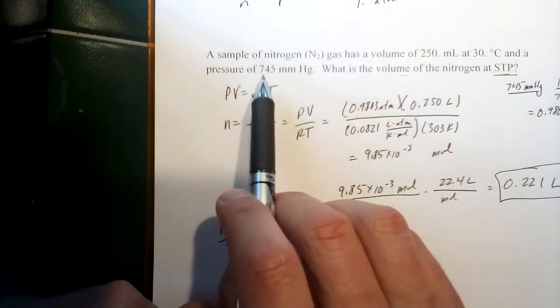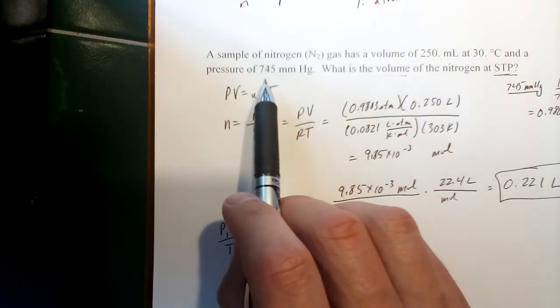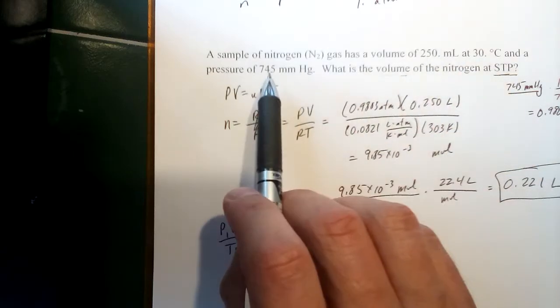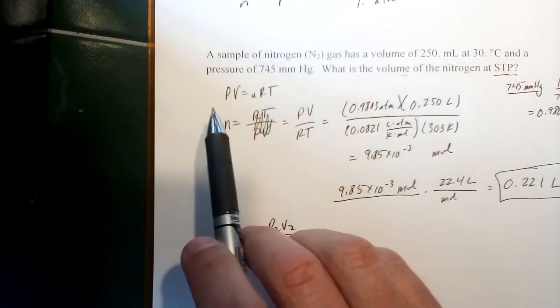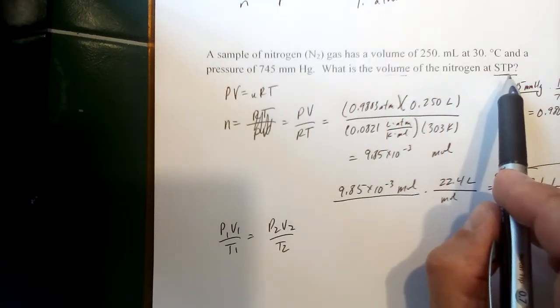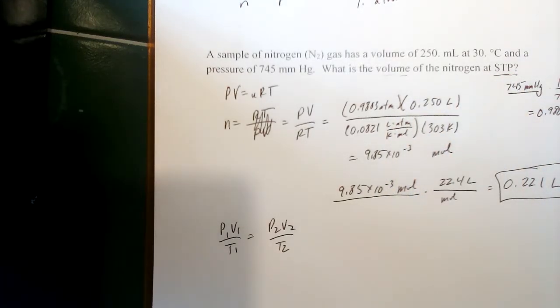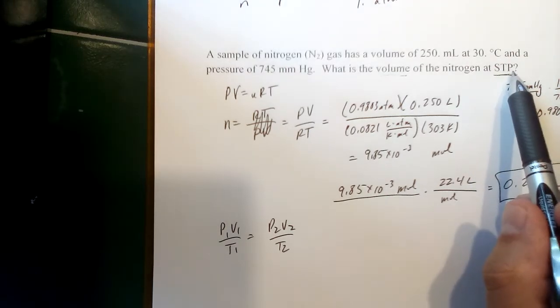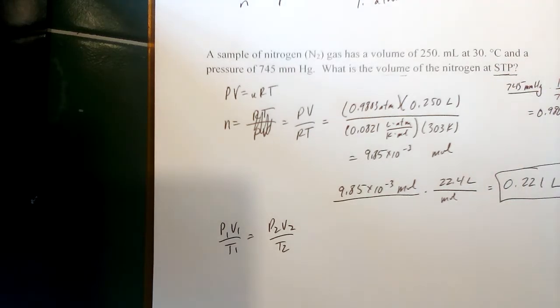Since we do have three variables under the first set of circumstances, you could use those three variables to solve for n. And then once you know n, you also have three variables for the second set of circumstances. So you could do two consecutive PV equals nRT problems. First solve for n, then use that n along with the T and P from STP to solve for the other volume. So there's really three different ways you could go about solving that problem.